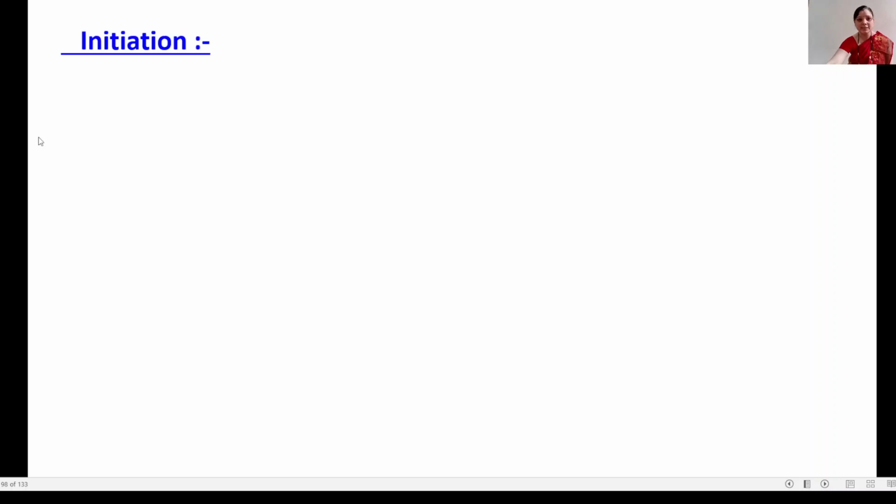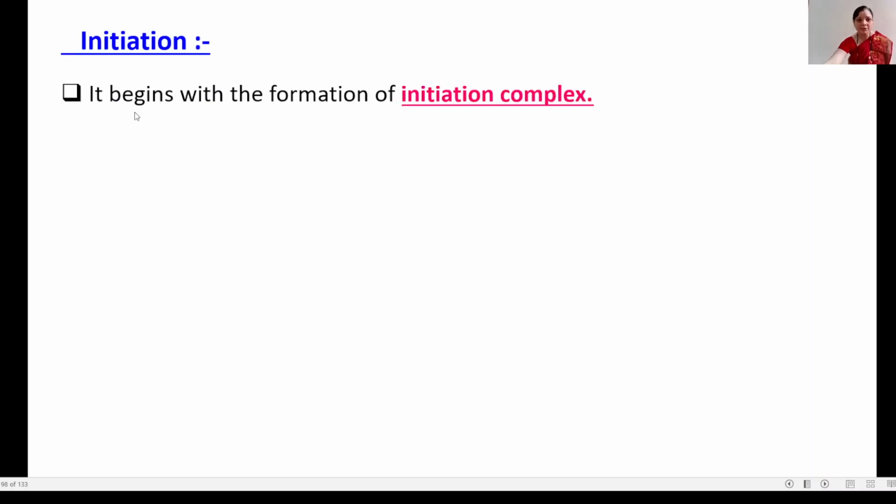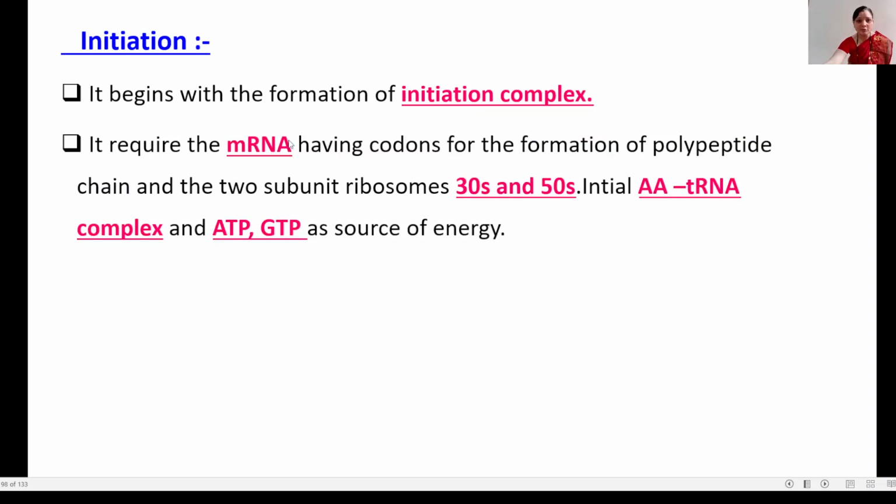Now see the first process, that is initiation. Initiation begins with the formation of the initiation complex. It requires mRNA having codons. Codons are present on the mRNA and anticodons are present on the tRNA.